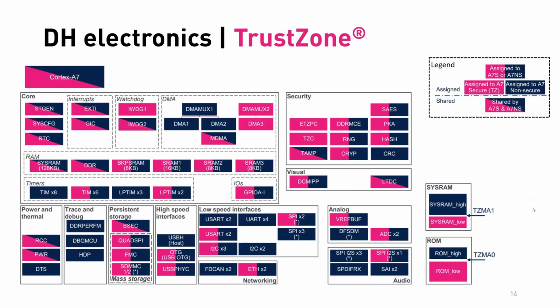I don't go into detail on the slide, but I want to show that there are TrustZone extensions all over the system to partition the devices inside the SoC. This begins with the RAM, the system RAM, the DRAM, partitioned.